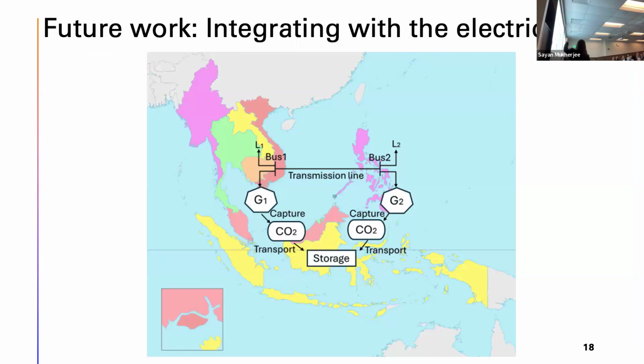But we have the load, which is the power demand, and then the generation, which is the power produced. And it's connected to the carbon grid at the generation, because obviously as you're generating electricity, you generate carbon dioxide. So this is just a basic example of what I am planning on connecting to the future once we finish the electricity optimization.